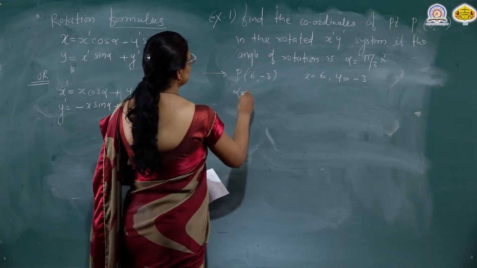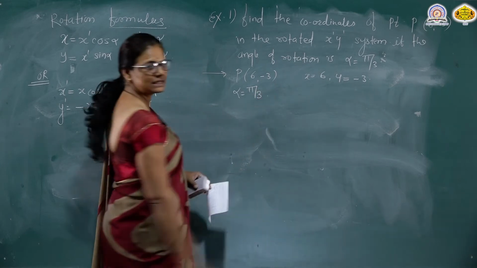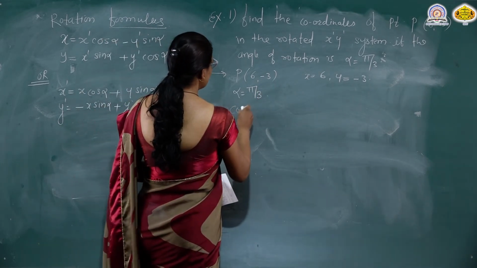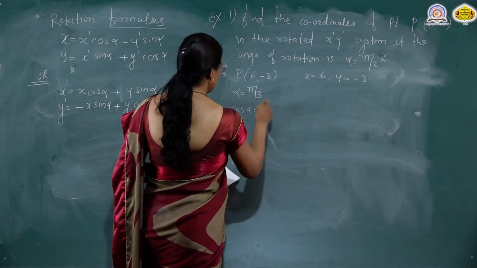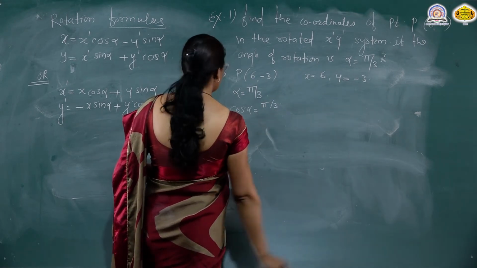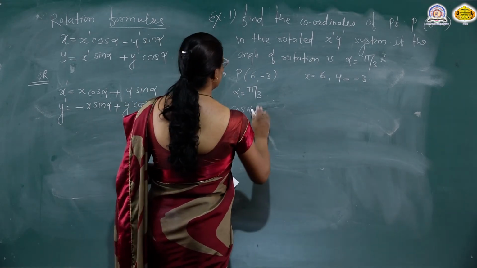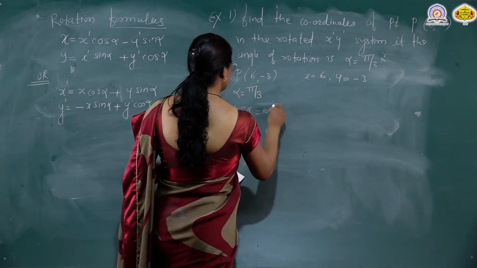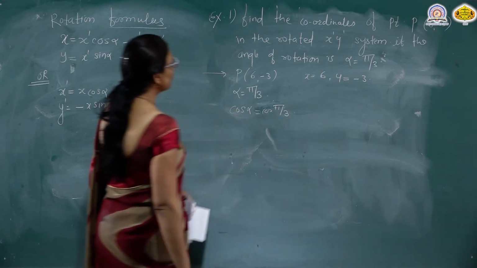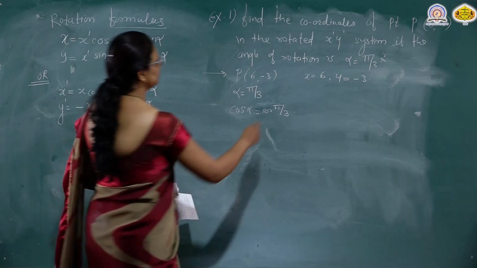Alpha is given here, which is pi by 3, that is 60 degrees. Then calculate cos alpha, that is cos of pi by 3, and cos of pi by 3 is half.